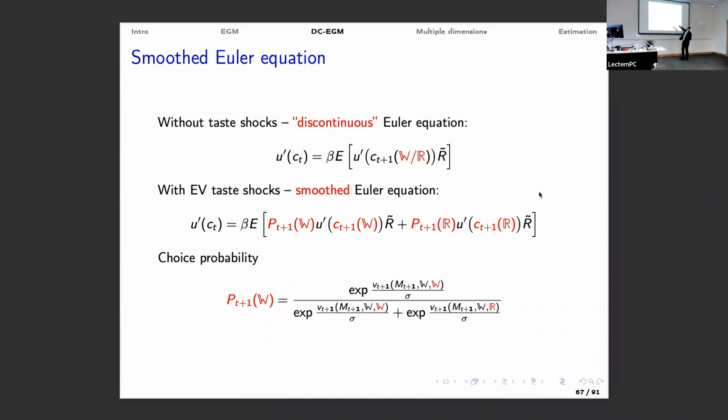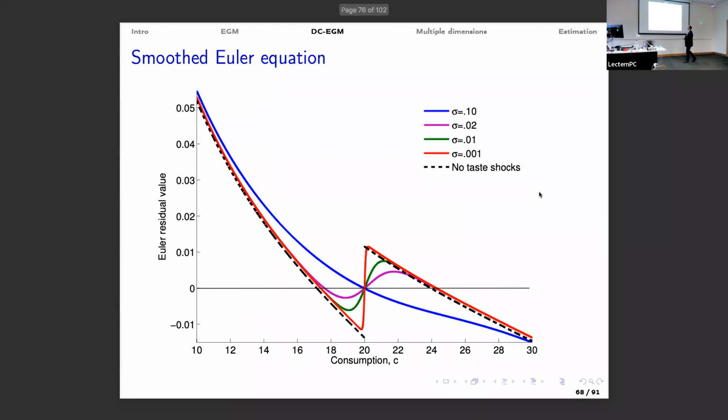But for the smooth version, you can actually derive this Euler equation, which now has the choice probabilities in the next time period, and you're smoothing between the marginal utilities of worker and retiree with the choice probabilities instead. You know where it's going? It's going to the situation where the Euler equation now may have three solutions. So you have a little bit of shock.